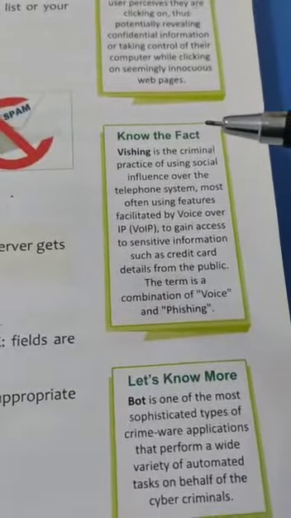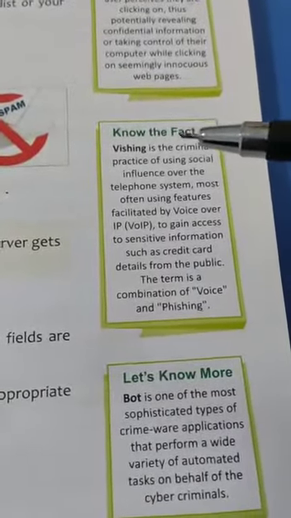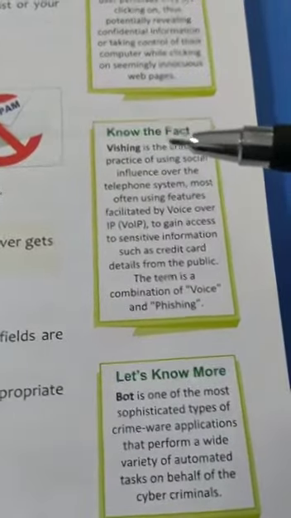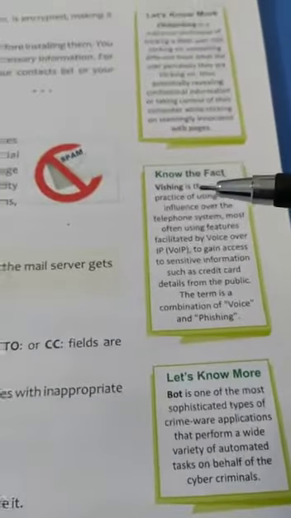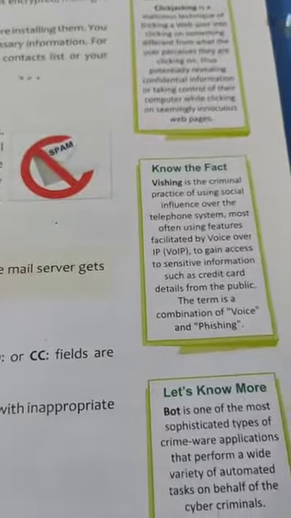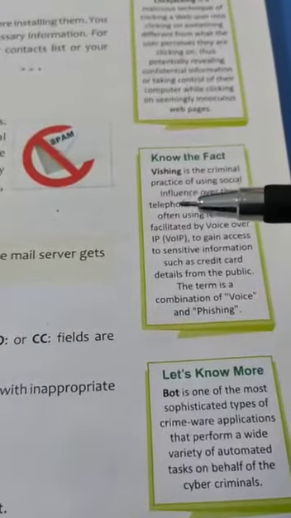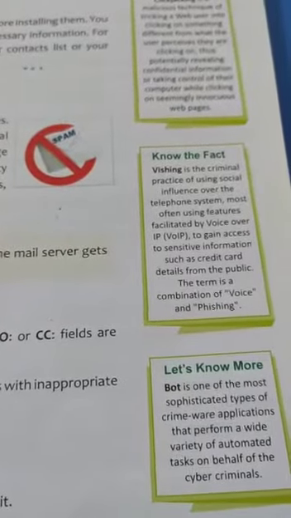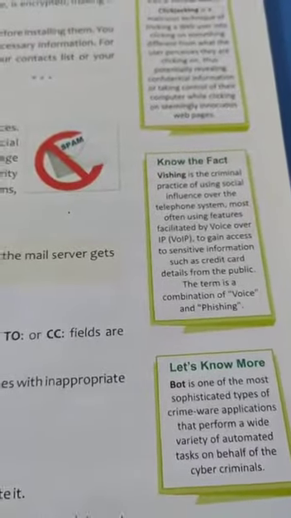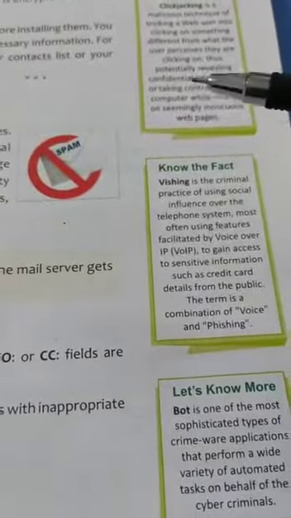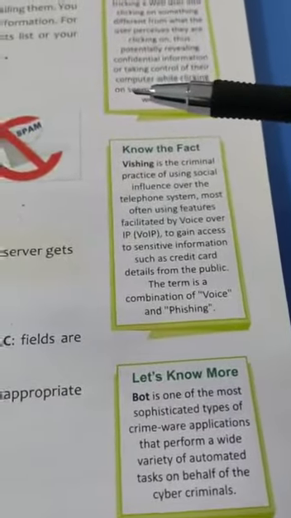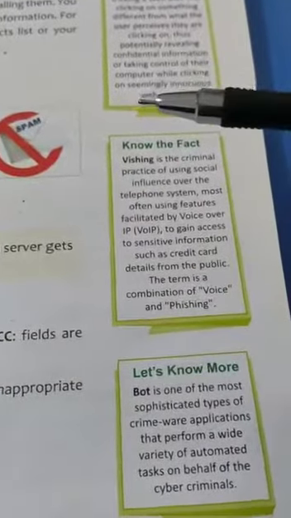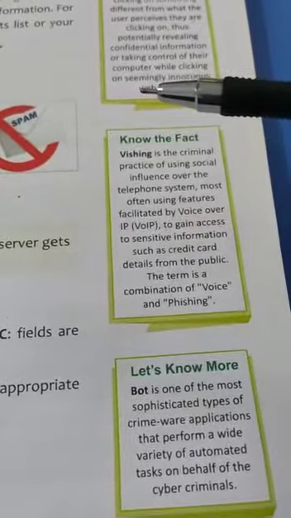So it is the fraudulent practice of making phone calls or leaving voice messages disguised as reputed companies in order to induce individuals to reveal their personal information such as bank details, credit card numbers, etc. Vishing fraudsters often use modern Voice over IP features such as caller ID spoofing and automated systems to make it difficult for the legal authorities to monitor, trace or block the call.